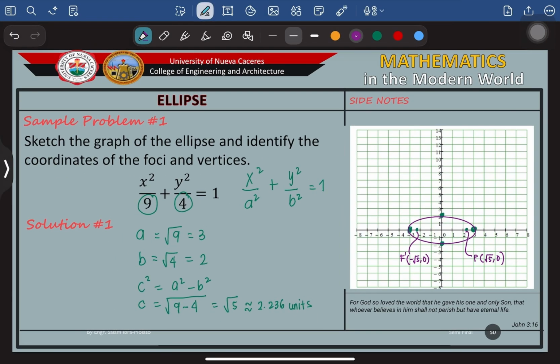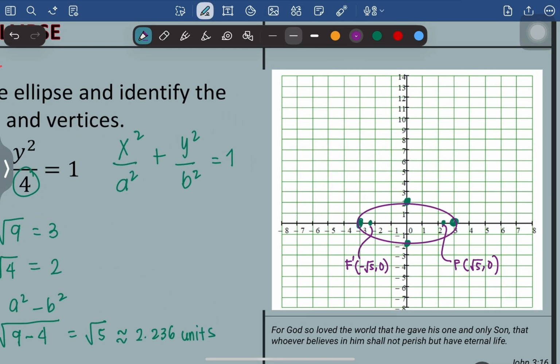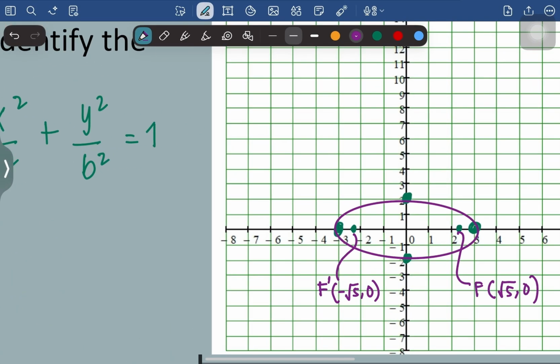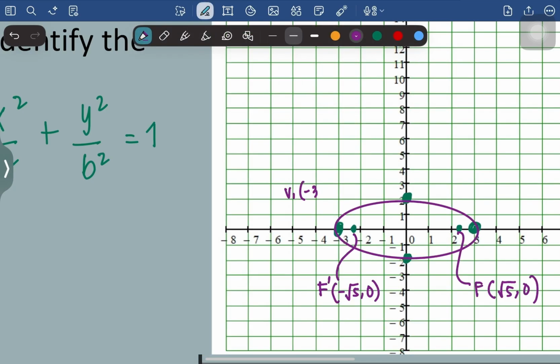Then for the vertices of the major and minor axis, V sub 1 is at negative 3, 0. V sub 2 is at 3, 0.